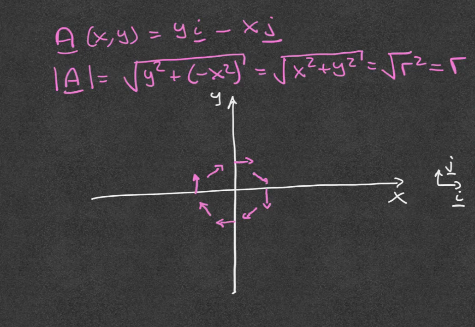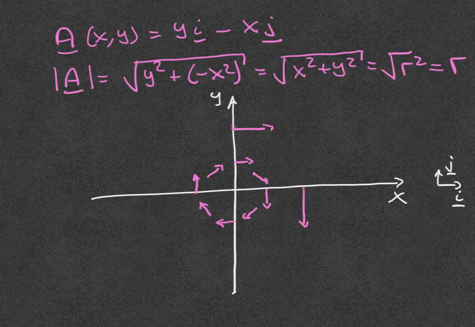If you double the radius, you double the length of the vectors. So let's say we've gone to here, this is roughly double the distance, and I'm going to roughly double the length of the vectors.